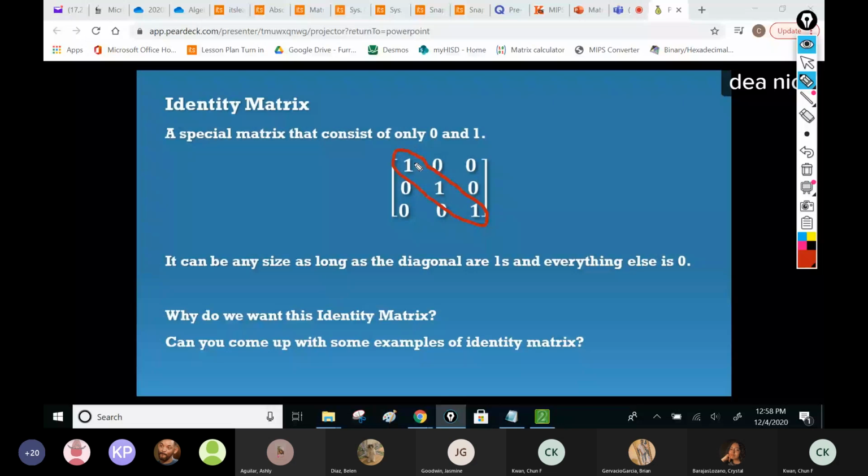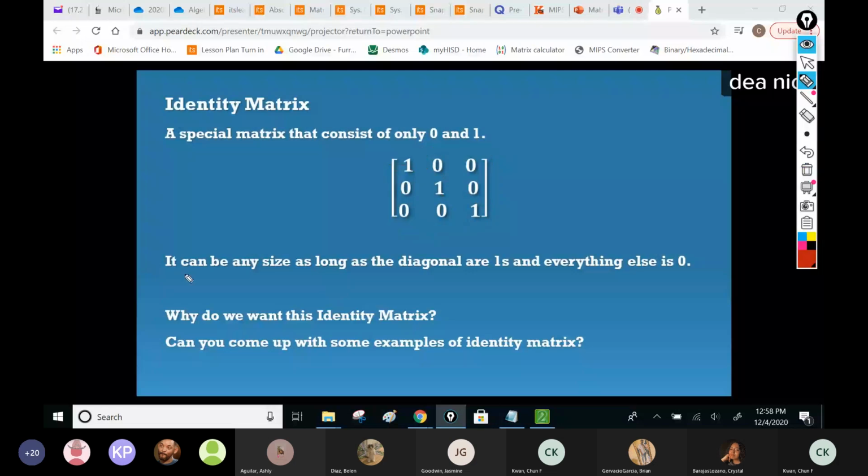So it goes this way, like this. It goes down this way, not the other way around. It has to be from the upper left to the lower right. So all the ones are located on this diagonal from the upper left to the lower right. Everything else is 0.